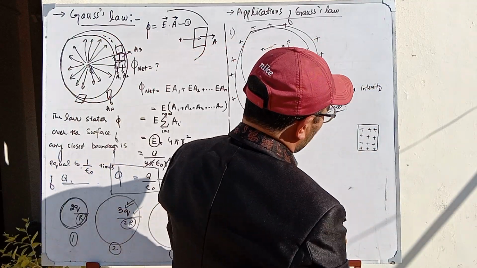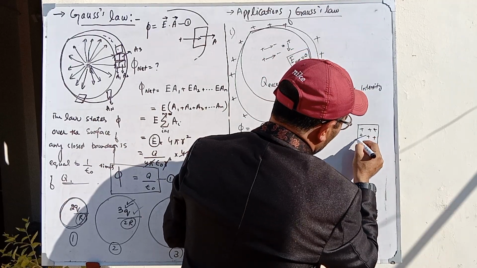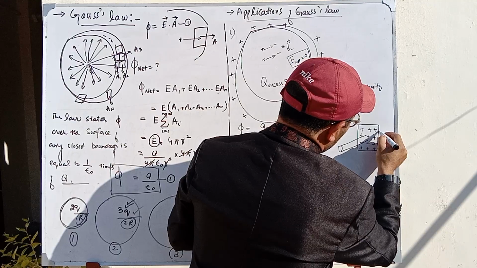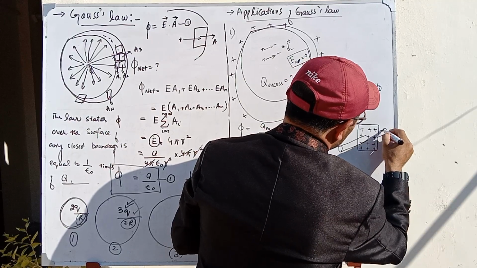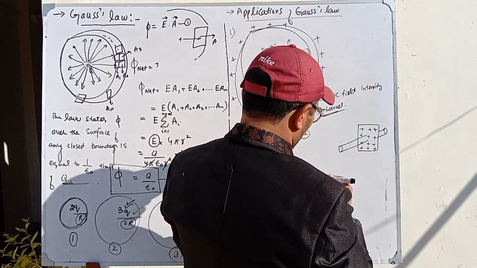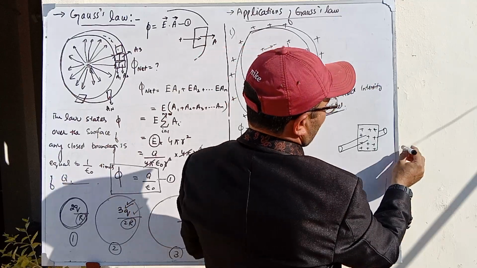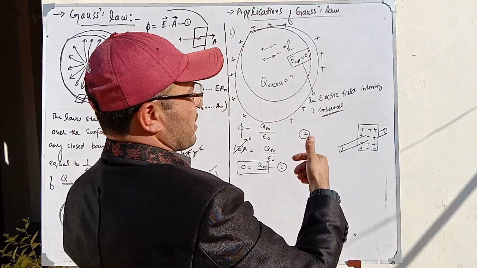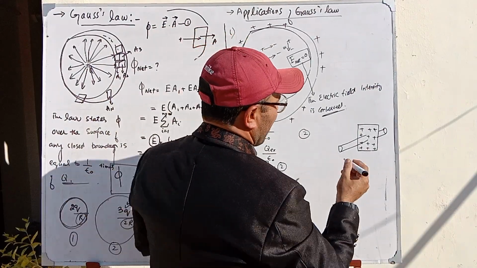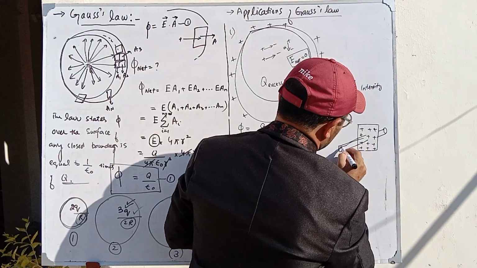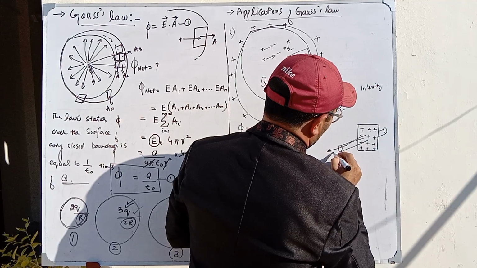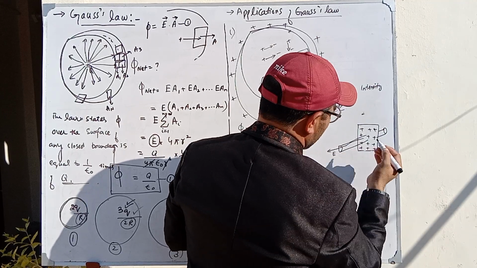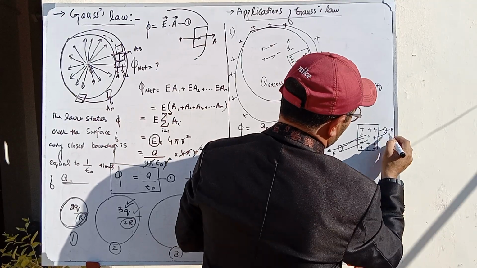I will place a conductor such that it passes through the paper, with one side upward and the other at the back side of the paper, and the electric field observed at this cross-sectional area is E1, and I am taking E due to symmetry.